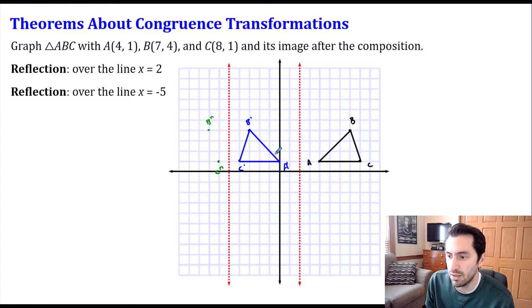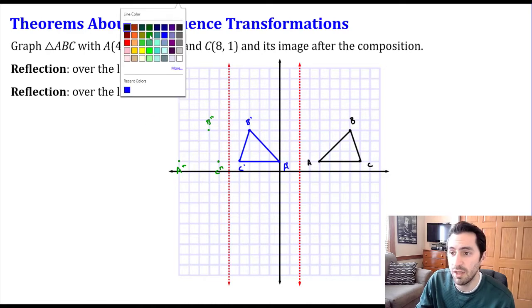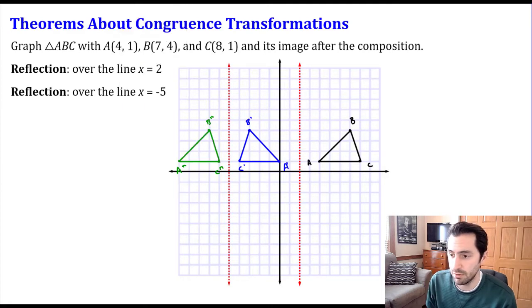And then our last one, A prime, is 1, 2, 3, 4, 5 units. So if I go 5 units over on the other side, here's A double prime. And I'll connect these together, and we'll get our final image. All right, so here's our final image, A double prime, B double prime, C double prime.